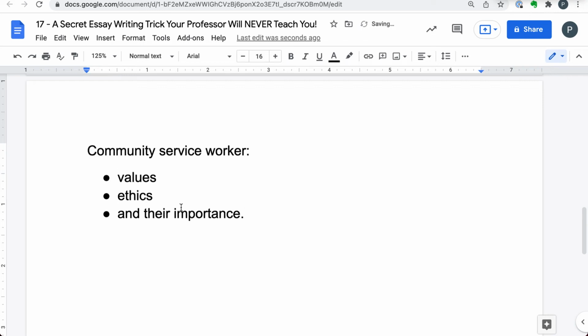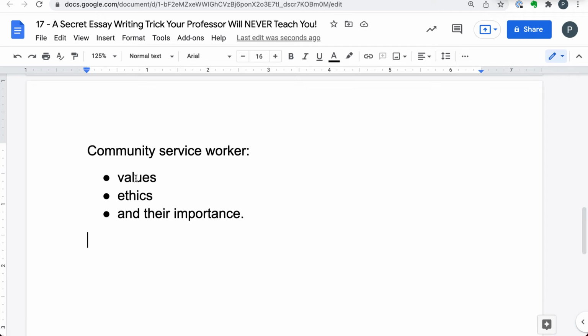I would not do it this way because what is the difference between values and ethics? Now, if you want to be really precise, I personally understand the difference: ethics is a whole kind of area of study in philosophy.